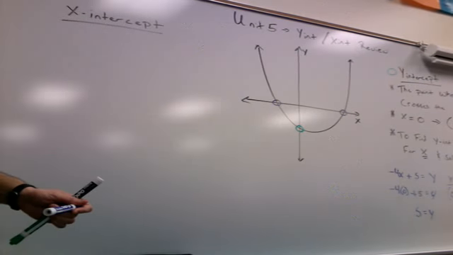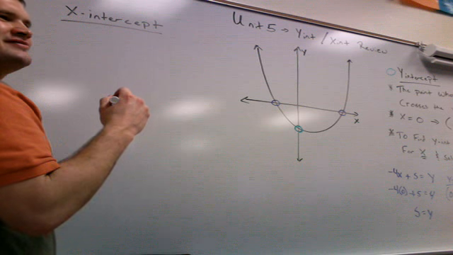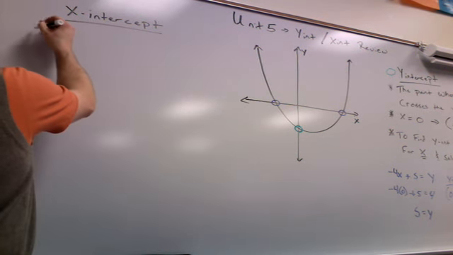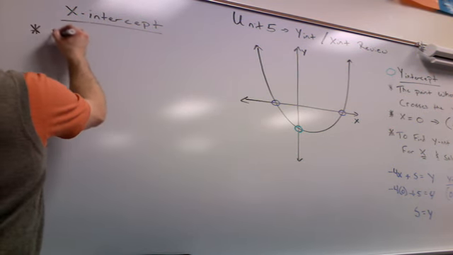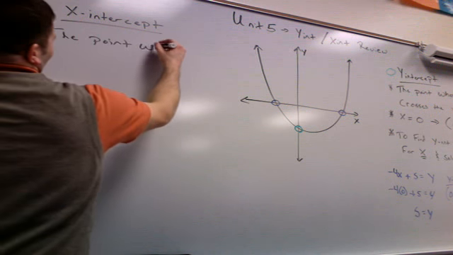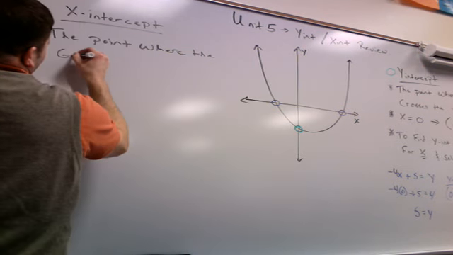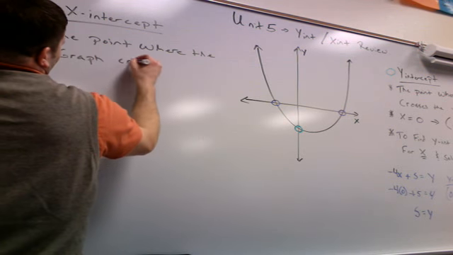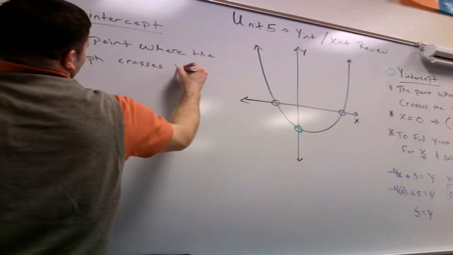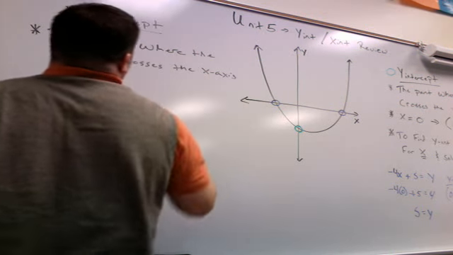X-intercept. What do you guys think it is? If the y-intercept is the point where the graph crosses the y-axis, what do you think the x-intercept is? Where it crosses the x-axis, right?